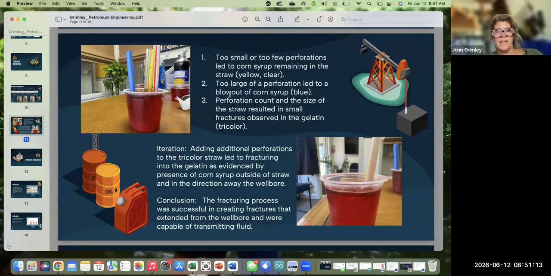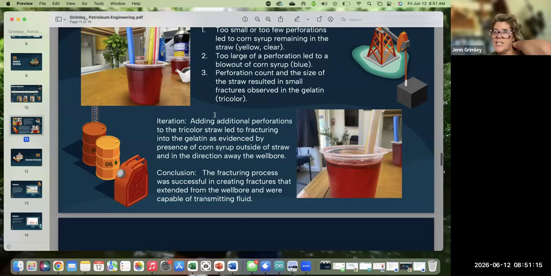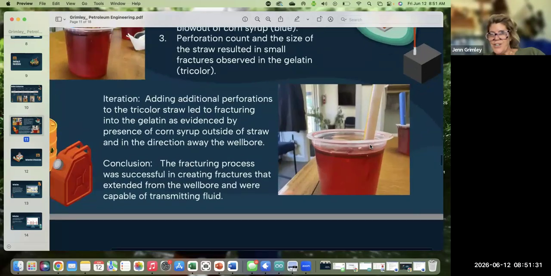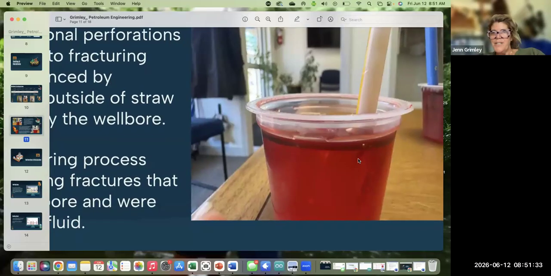I had some success. So my iteration was to use the one where I had the best result, which was the tricolored smoothie straw, and I added additional perforations, and it had better results, which is hard to see because I have color, but you can see the corn syrup that left the straw and went into the environment, but it didn't quite reach the hydrocarbons.